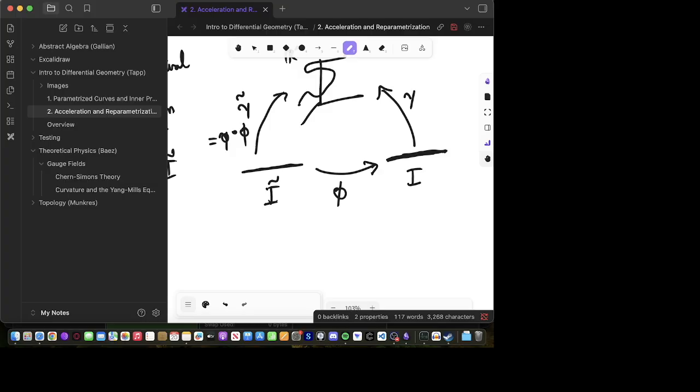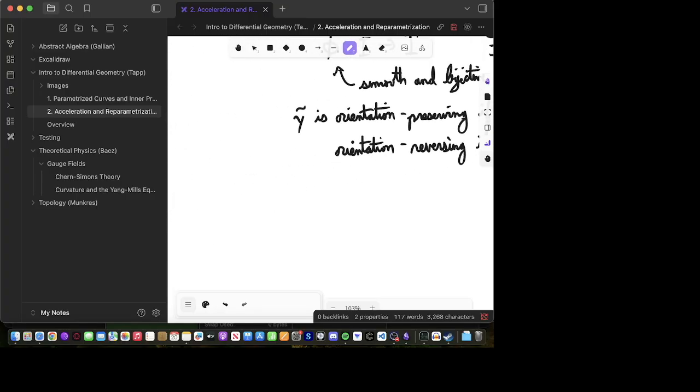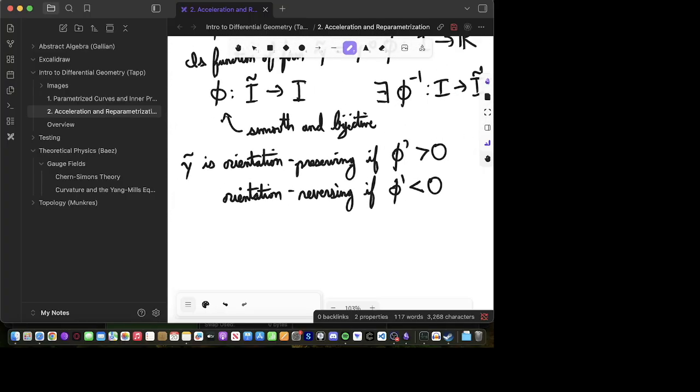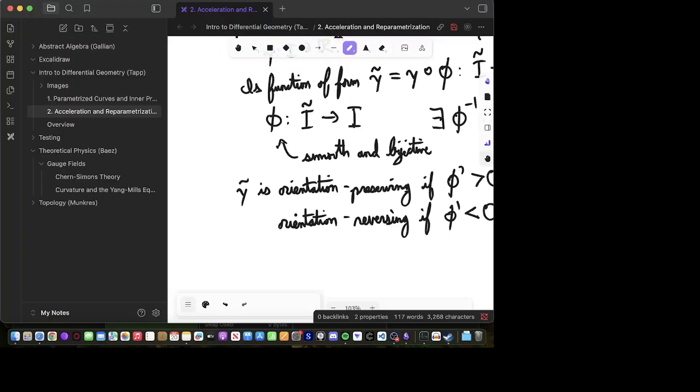So if it's orientation preserving, you can think of it as going forward. And if it's orientation reversing, you can think of it as going backward. This is all just a very crude analogy. It's just supposed to help you gain a sort of intuitive understanding of reparametrizations. So now let's move on to a proposition.